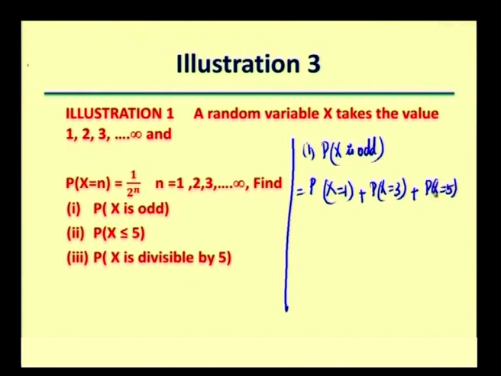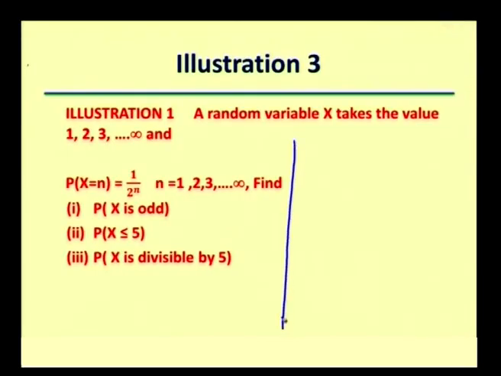These are all odd numbers, right, plus etc. it goes on up to infinity. P of x equal to n is 1 by 2 power n. So, what is x is equal to 1? It is 1 by 2 power 1. What is x is equal to 3? P of x is equal to 3 is 1 by 2 power 3 and p of x is equal to 5 is 1 by 2 power 5. Like that it goes on up to infinity.